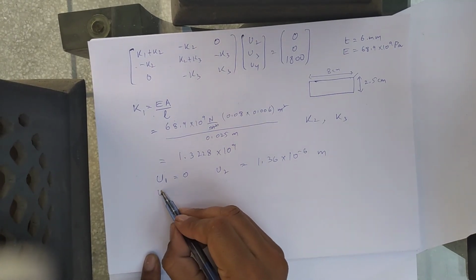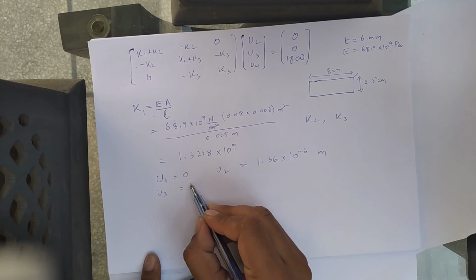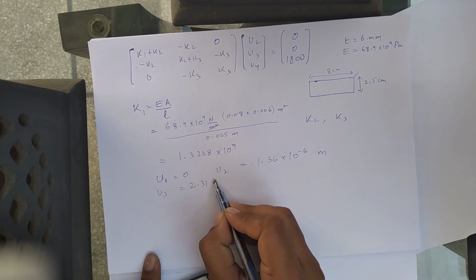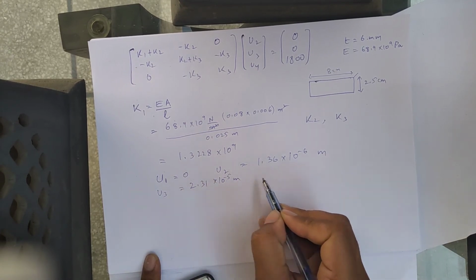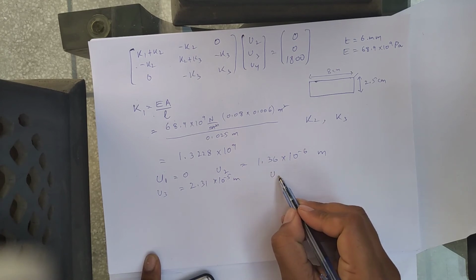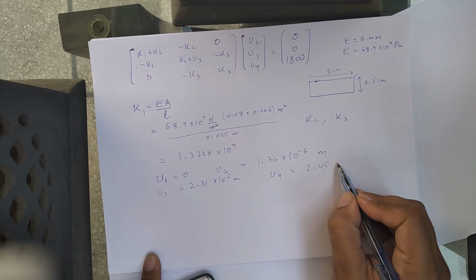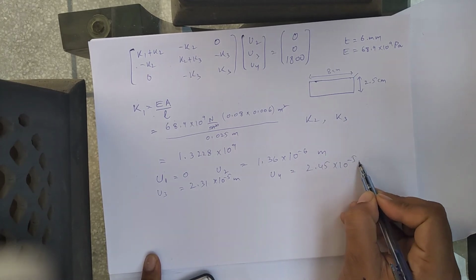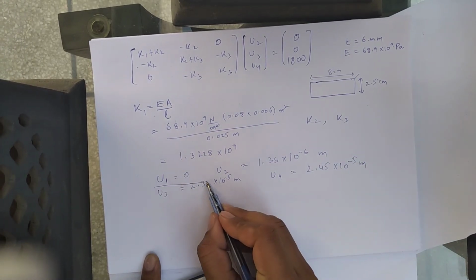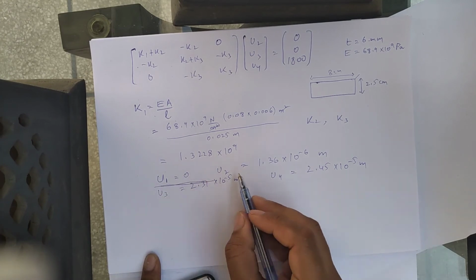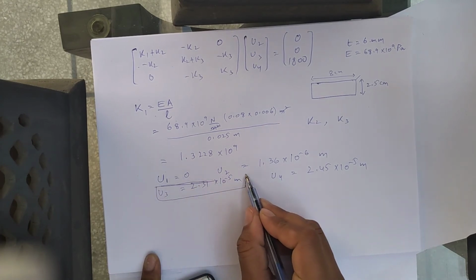And we will get the value of U3, that will be 2.31 into 10 raised to power minus 5 meter. And we will get the value of U4, that will be 2.45 into 10 raised to power minus 5 meters.